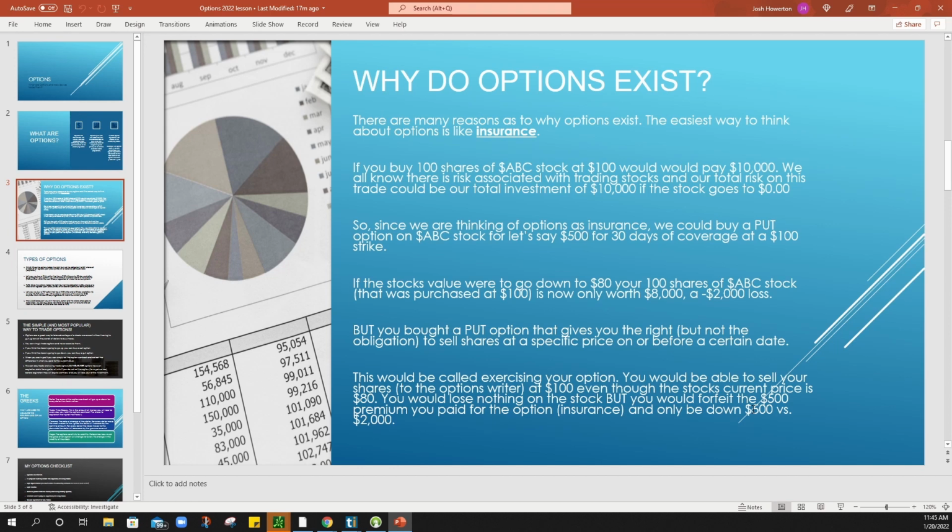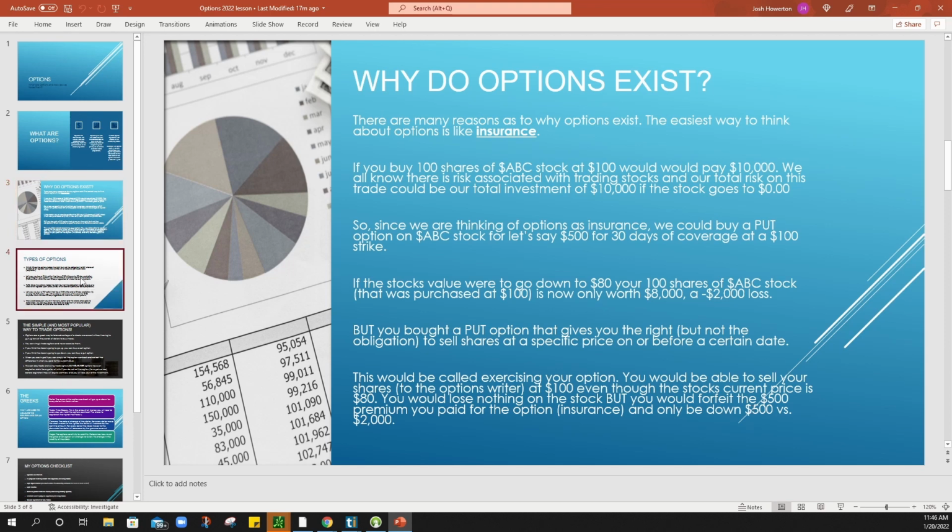If that's the case, let me buy some insurance on my positions, on my investments. And that was the main reason why options were really created in the first place, as an insurance policy, as protection. Now, yes, there's more reasons as to why options exist, but the way it was explained to me is it was like an insurance policy.